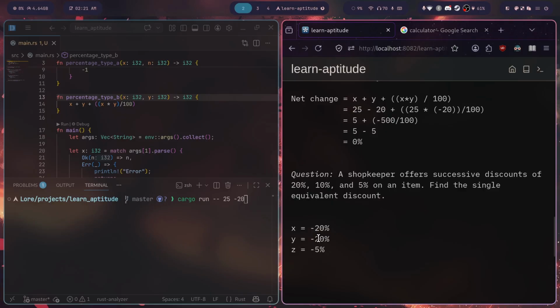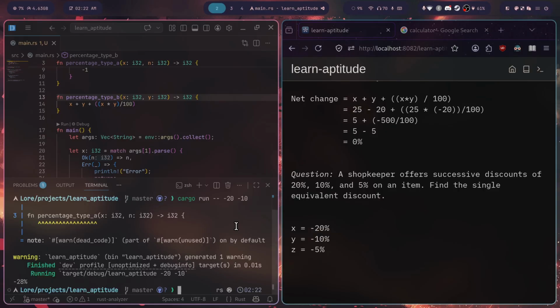So 5%, this is 10%, 20, 10, 5. Ideally you first pair this one, and once you get the output, you pair the output with this one. So let's do it. Minus 20 and minus 10. So I got minus 28%.